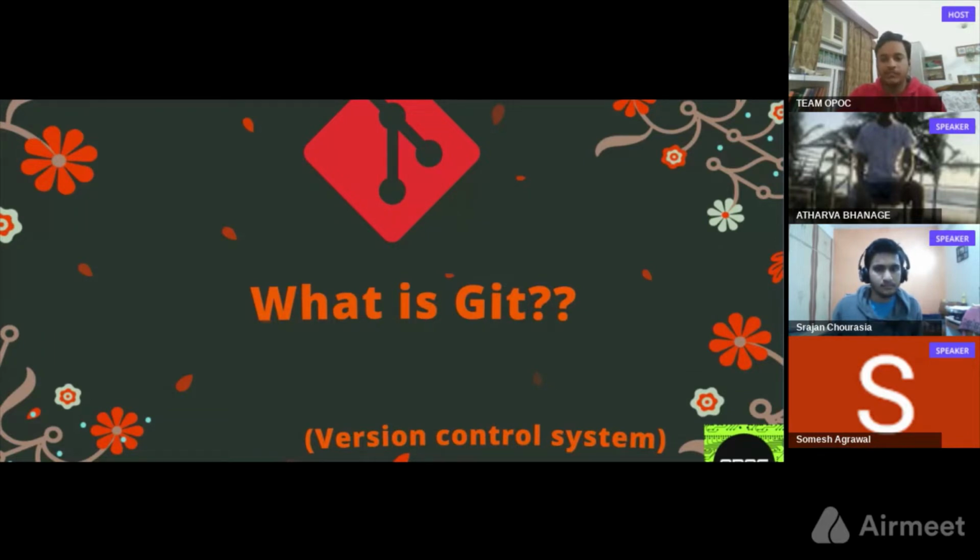First of all, Git and GitHub are not the same. Git is a version control system. So what is a version control system? Consider you are working on a project, and your friend is also working on it, like a group project. You make some changes in the project, like you make some files, you add some code.